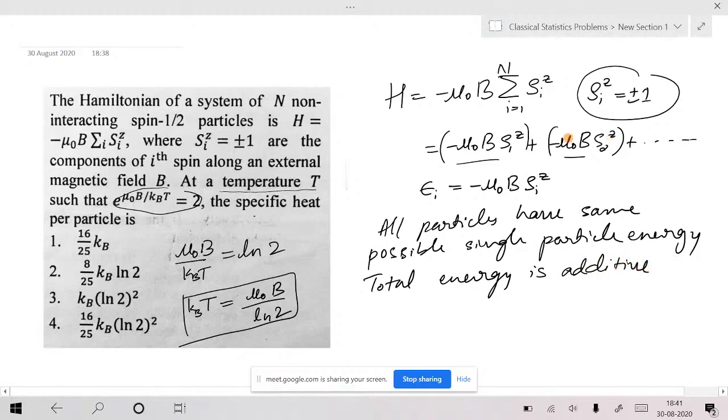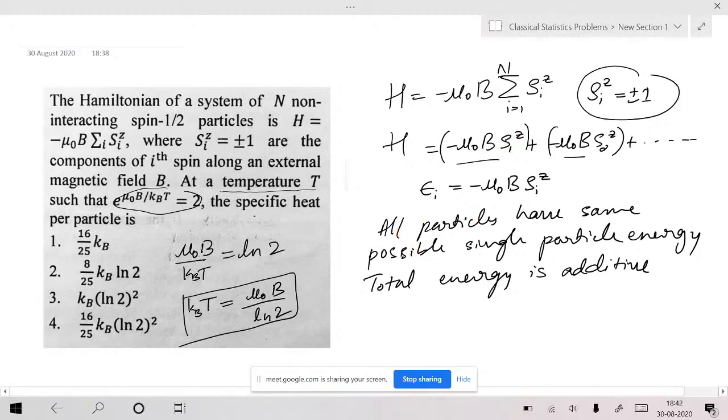If there is any interaction between them, you may not be able to add like this. This is a Hamiltonian actually, and you should write your total energy like this. When you substitute these possible values here, you will get the total energy, either plus 1 or minus 1, and those are all probabilistic. Whether S_1^z will be plus 1 or minus 1, we shall see that one.